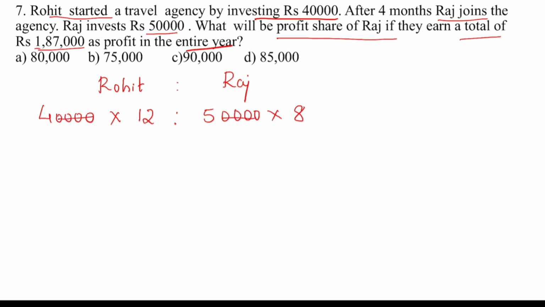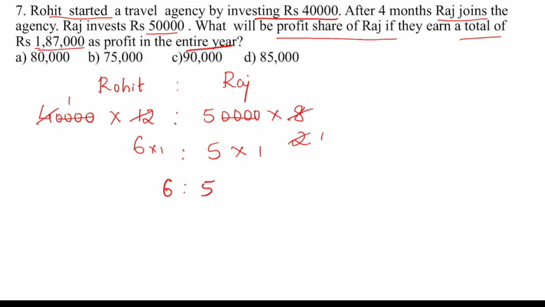So 4 zeros cancel, then 4 ones are 4, 2 eights are 8, then 2 ones are 2, 6 are 12. So 6 into 1 and 5 into 1. So 6:5 is the profit ratio of Rohit and Raj.